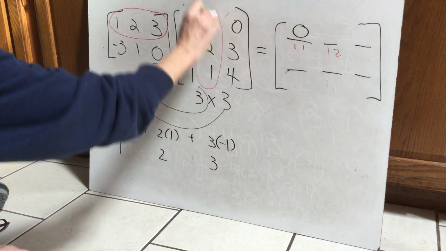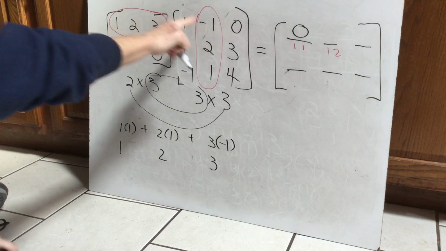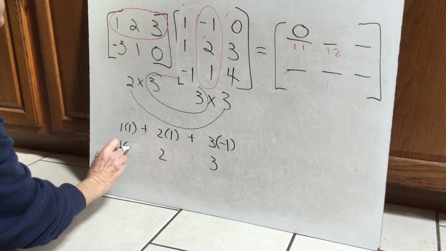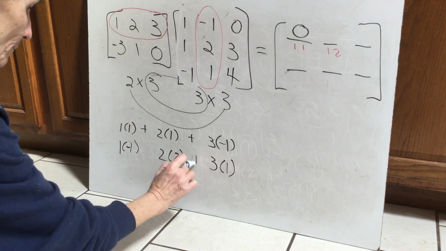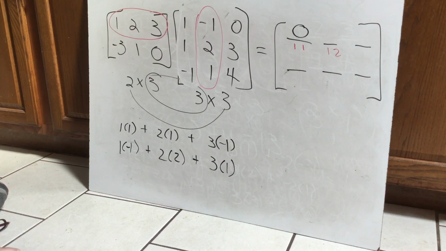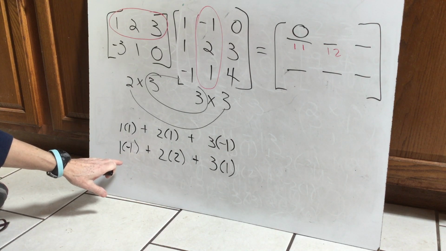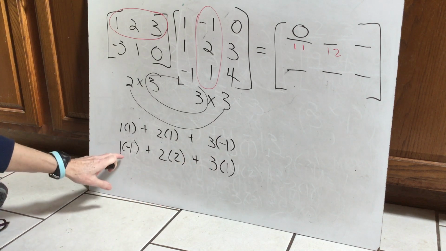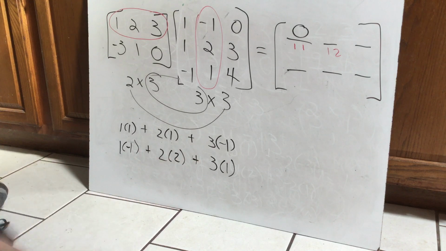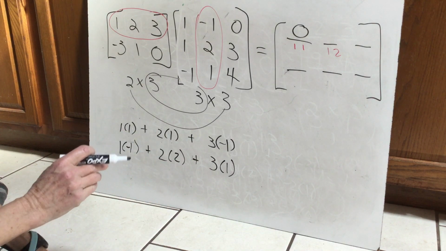So I'm going to write that set of numbers down next to here: negative 1, 2, and 1. So we have negative 1 and 4 and 3. So that adds up to 6.